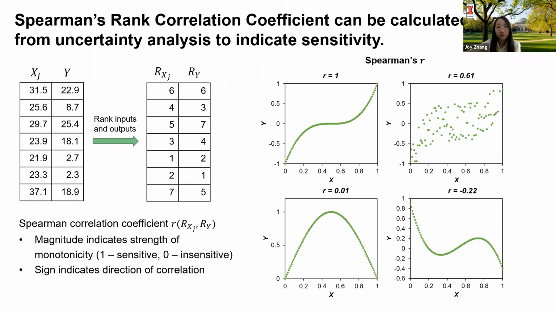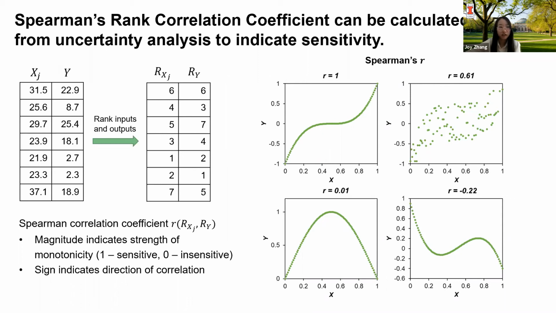On the right-hand side here, for example, if as x increases, y monotonically increases, then the measured Spearman correlation coefficient would be 1. But if as x increases, y first increases, but then decreases, then we're more likely to get a correlation coefficient closer to 0. So the magnitude of the correlation coefficient measures the monotonicity.